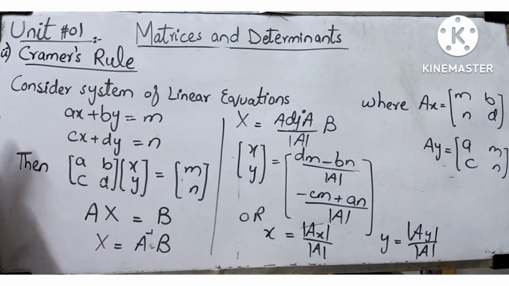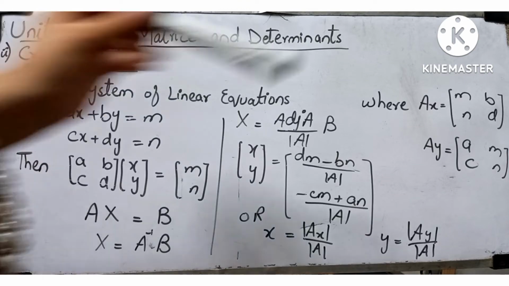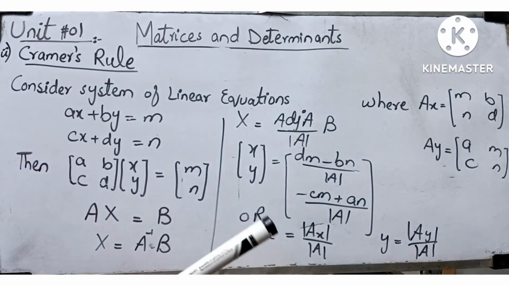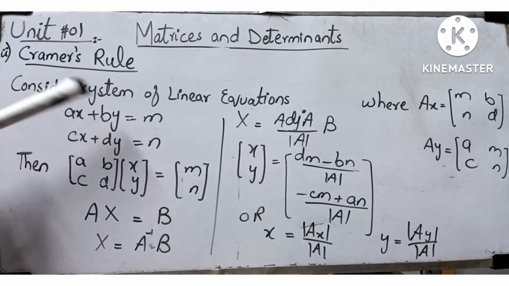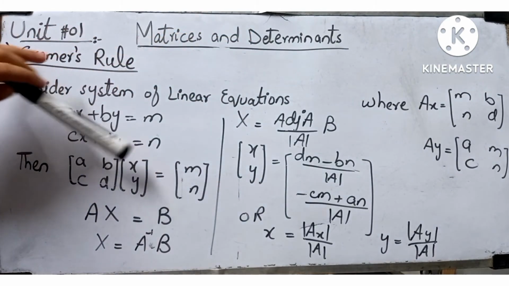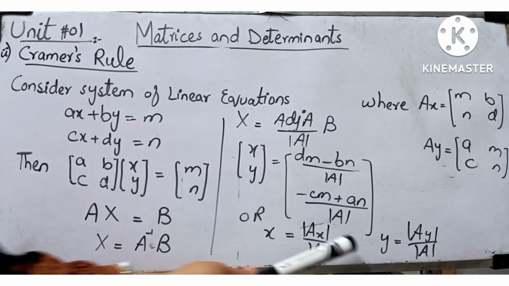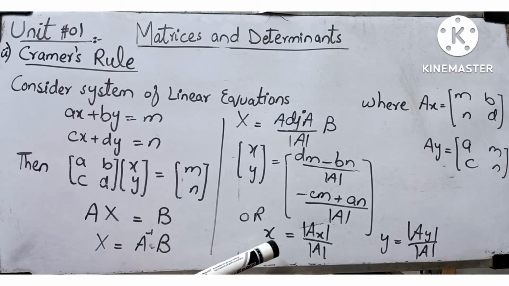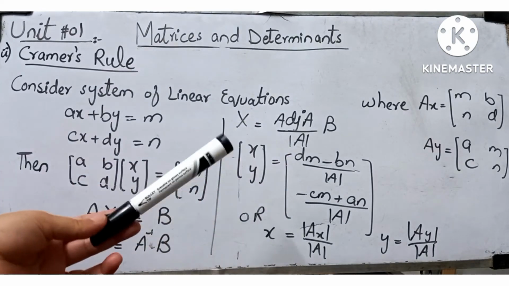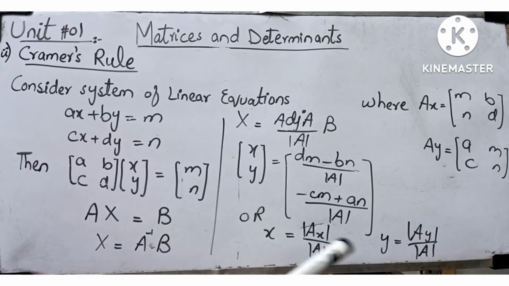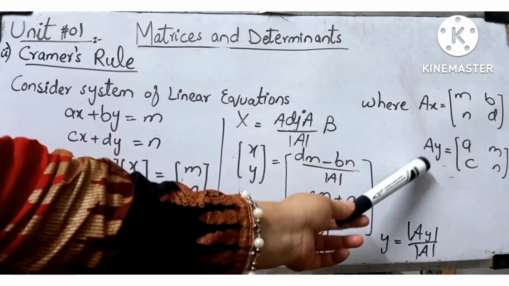In the whole of Cramer's rule, you have to understand Ax and Ay, because when you solve questions or examples related to Cramer's rule, you don't have to go through all this procedure, but you have to learn by heart what x and y are. You just write x and y and the values of Ax and Ay.